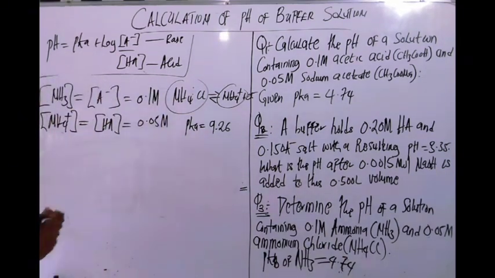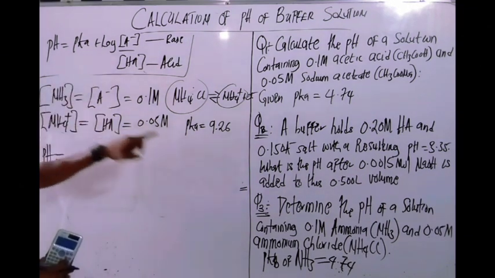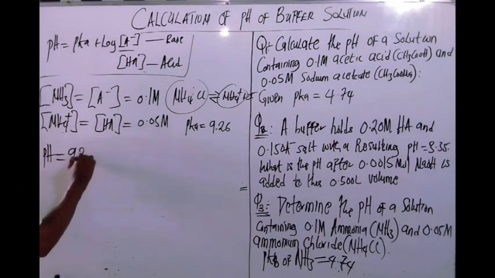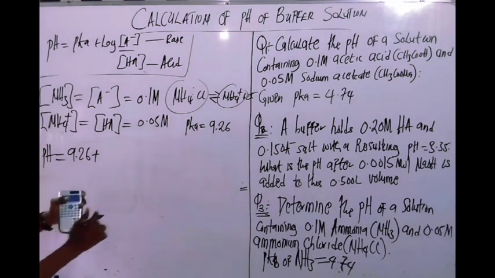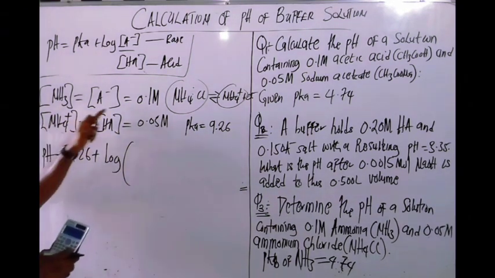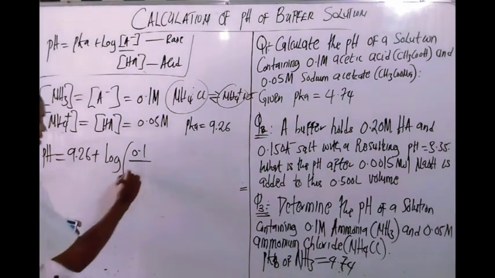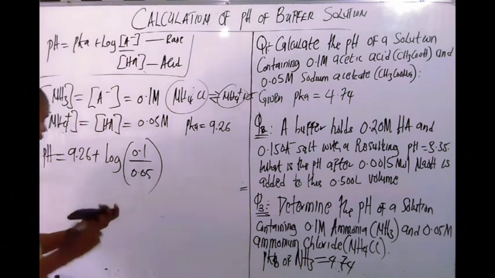So now let's apply our formula here. pH equals, now my pKa is 9.26, plus log of my A minus, which is the ammonia here, 0.1 over 0.05. You see that?